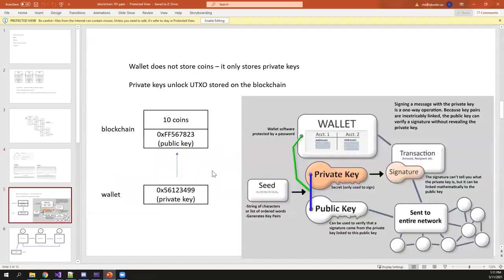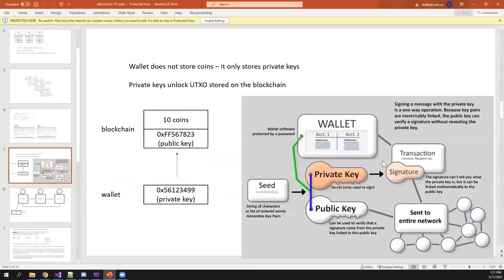All right, I want to talk a little bit about wallets. Everybody thinks a wallet stores money, which is a horrible name, because in blockchain, wallets do not store money. Wallets store private keys, and a private key is just a big number, basically.